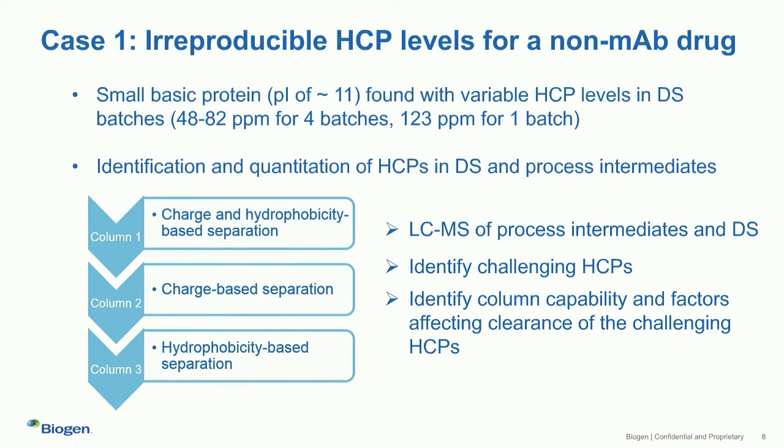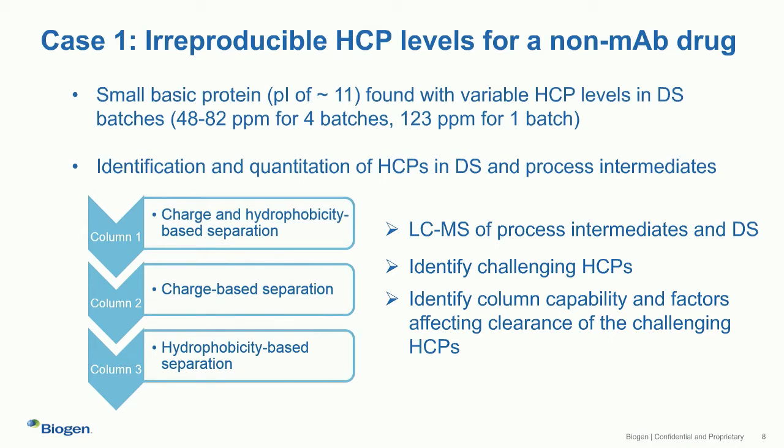Thus, it triggered an investigation. So, we decided not only to characterize the host cell protein in the final drug substance sample, but also to look into the host cell protein level in the process, in the media, to figure out the root cause of the problem. The figure in the bottom left is the purification workflow. It's a 3-column process. The first column is charge and hydrophobicity-based separation.